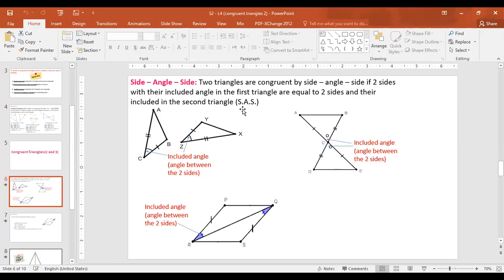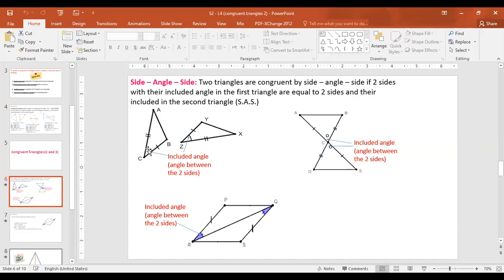Okay, these are called congruent by SAS. So to prove two congruent triangles by SAS, we should find two sides and their included angle. We cannot choose this side and this side and this angle here because this is not an included angle between these two sides.